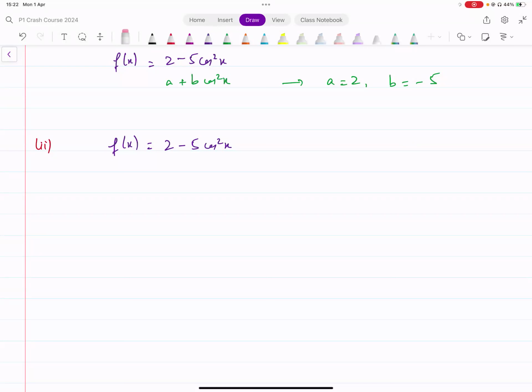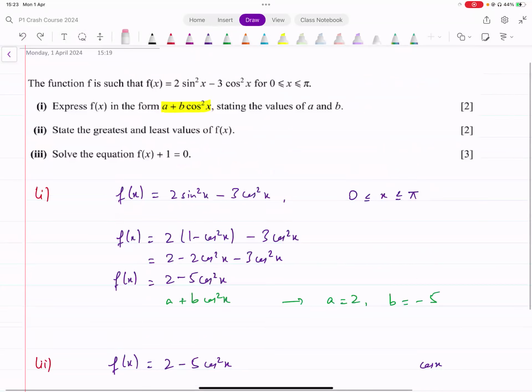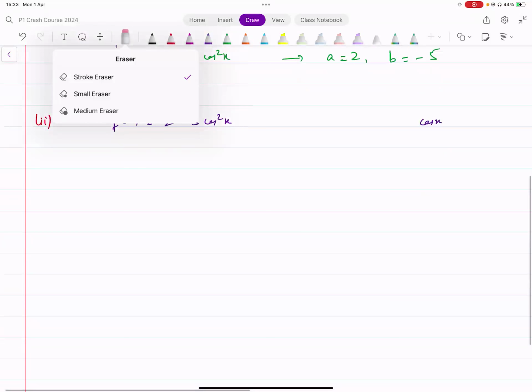Now, how do you use this function to find the range? Again, let's use that same idea that we used for the sine function in the very first question that we did. The domain of the function is from 0 to pi.